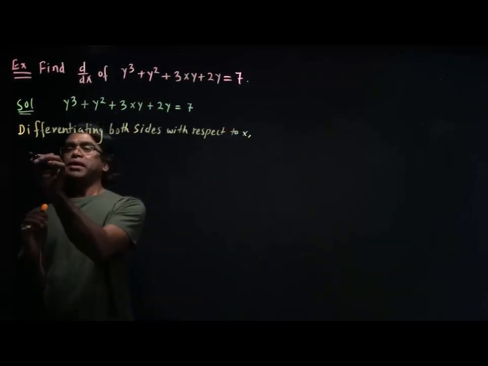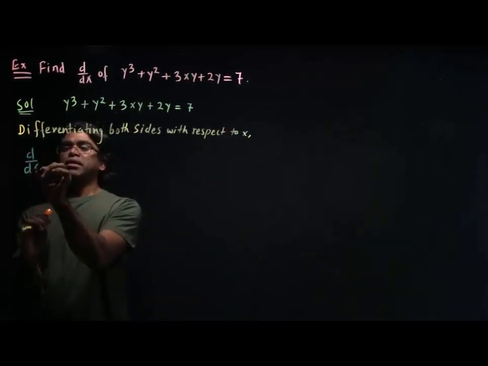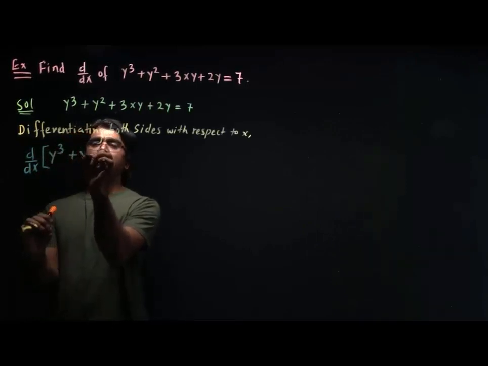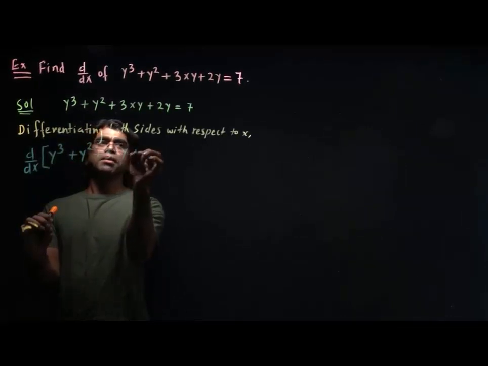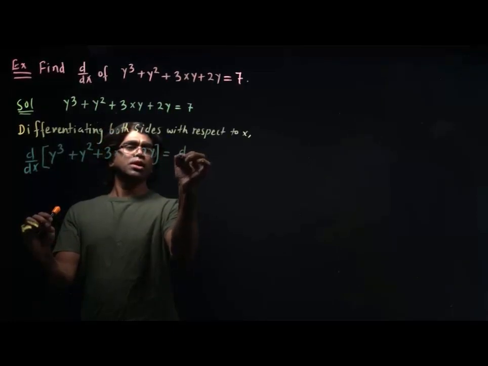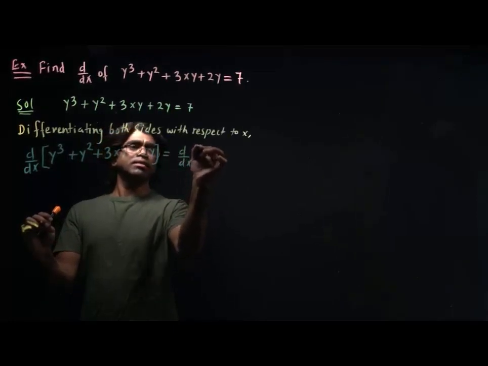So we will write d by dx of y cubed plus y squared plus 3xy plus 2y, that is equal to d by dx of 7, right?